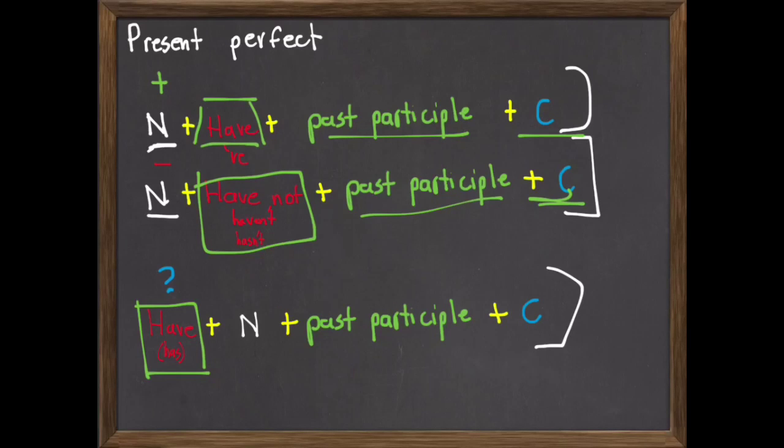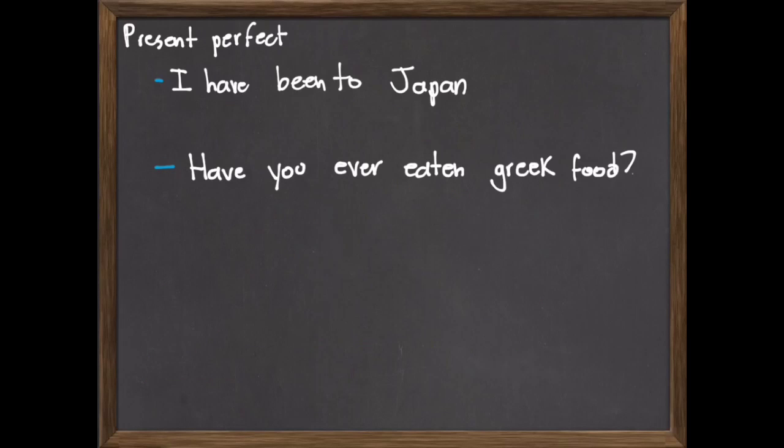We use has for he, she, or it, but we use have for I, you, we, and they. Then we add the noun, the past participle after the noun, and then the complement of the sentence. Think that's a little bit confusing? Well, let's look at some examples to clear that up.